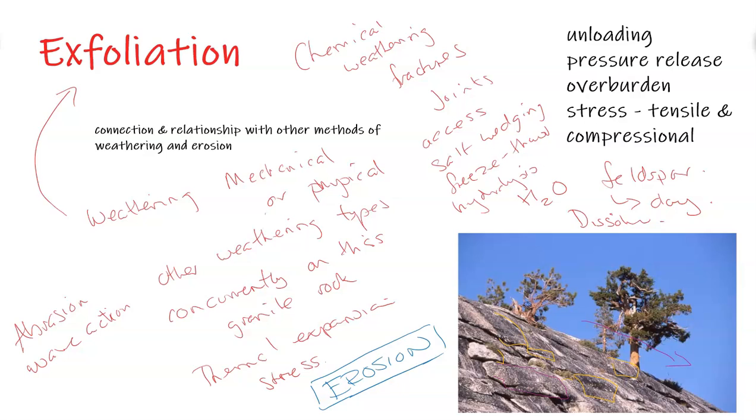That erosion can remove these slabs, and then more layers underneath will be exposed to the elements, and it will continue. So this big cycle of weathering and erosion will continue on this piece of granite until it's weathered away, or until there's more tectonics to push it up further and build that mountain, which is orogeny.